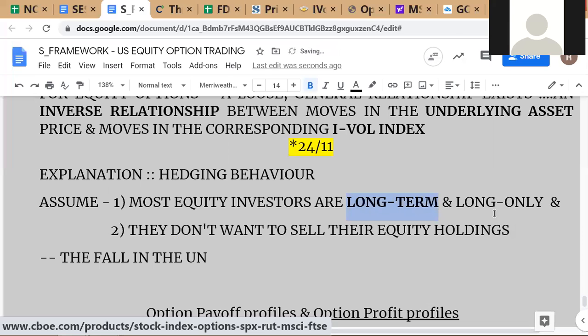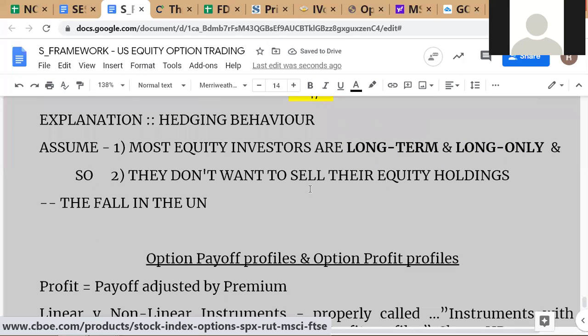This actually follows from the first one. I don't need to write the second one, but I'm just writing it. They don't want to sell their equity holdings. So these are the two constraints: you are long only in equities and you don't want to sell your equity holdings.